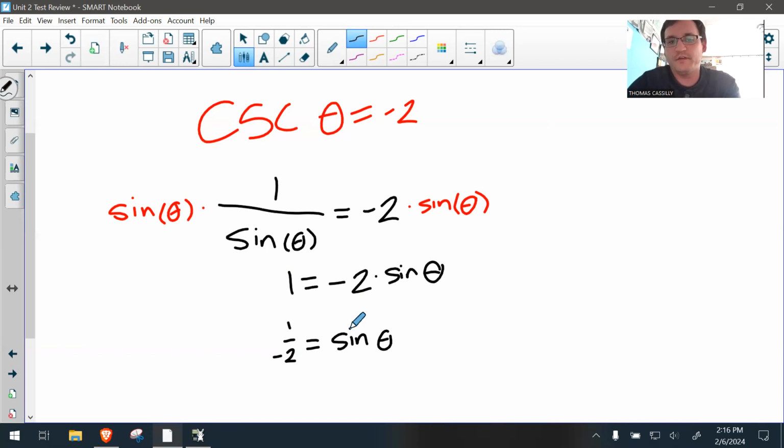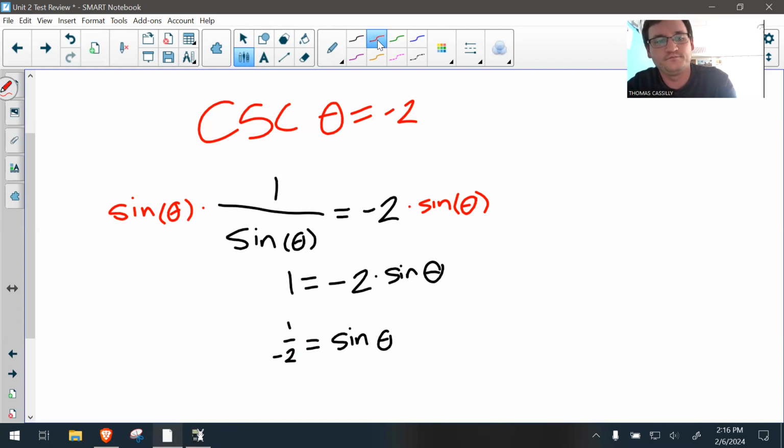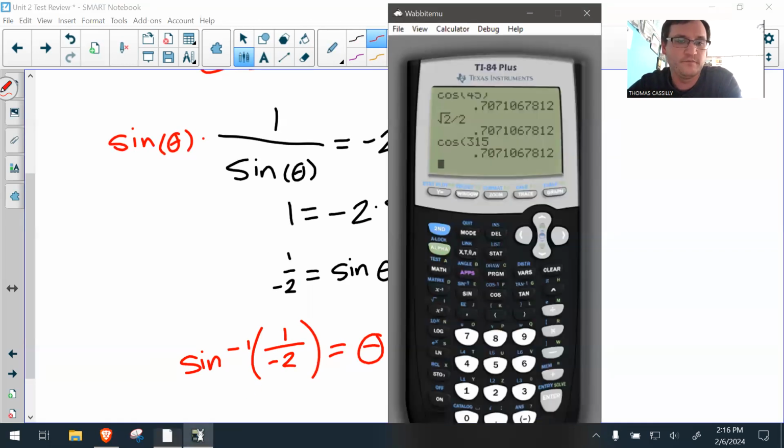All right, so when we go to type this into our calculator, I'm not going to do the cosecant of theta equals -2. Instead, I'm going to do the sine of theta here, right? So I need to type in on my calculator the inverse sine of 1 over -2, and that's going to spit out one of my theta values here. 1 divided by -2, and that gives me an angle of -30.